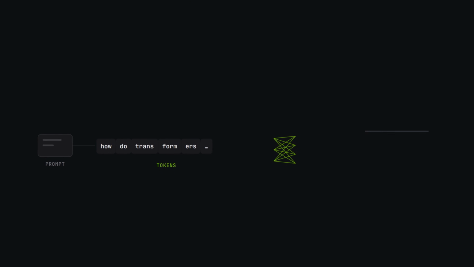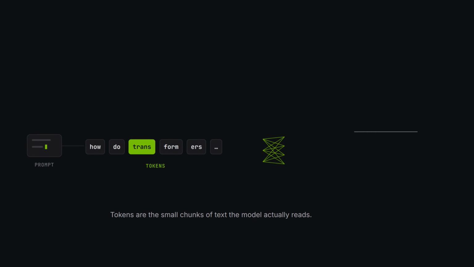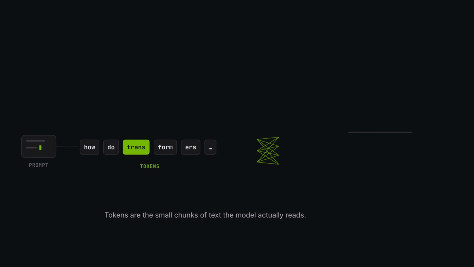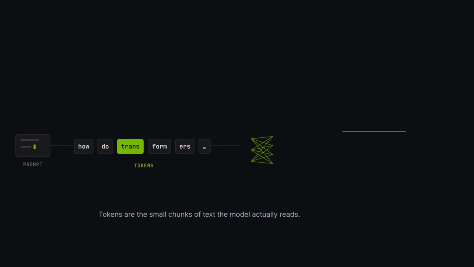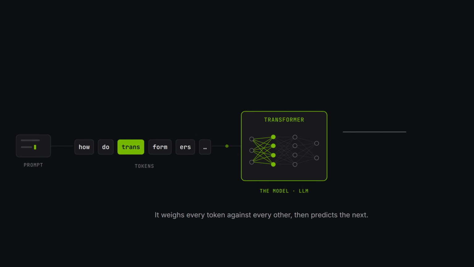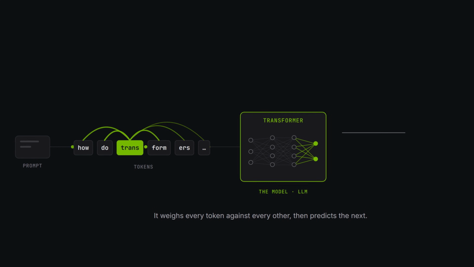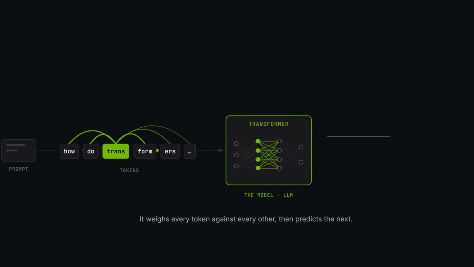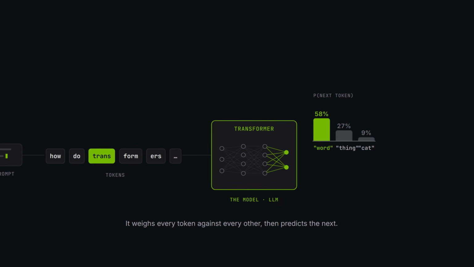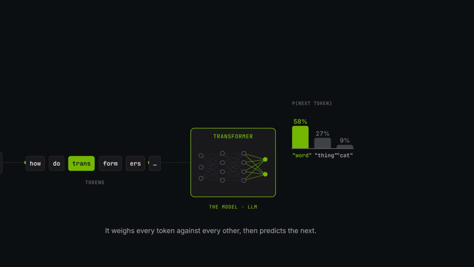Your prompt first gets broken into tokens, which are the small chunks of text, roughly word fragments, that the model actually reads. Those tokens feed a large language model, and at its heart is a transformer, the neural network architecture that weighs how every token relates to every other one, and then predicts the next token, over and over, to build the reply.